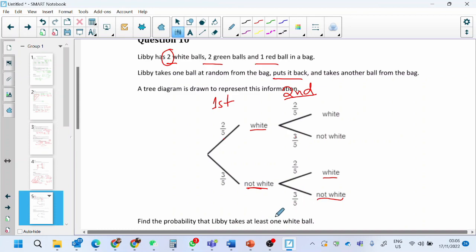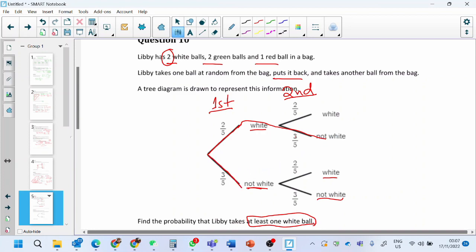So find the probability that Libby takes at least one white ball. At least one white means it should not be two not whites. In both of these attempts, there should be at least one white. That's only possible if you go on this branch of the tree and on this branch: first is white, second is not white.